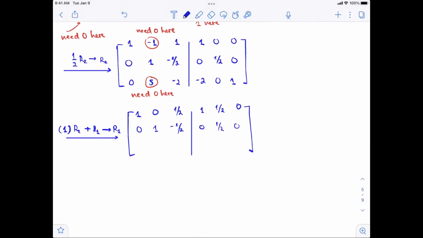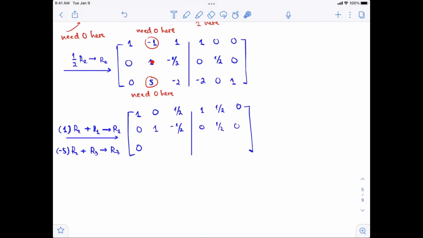Now we need to turn this 5 into a 0 as well. Well, what you do is again borrow the second row and you multiply negative 5 with row 2 added with row 3 to create a new row 3. So you get, right, negative 5 times 0 added with 0 becomes 0.